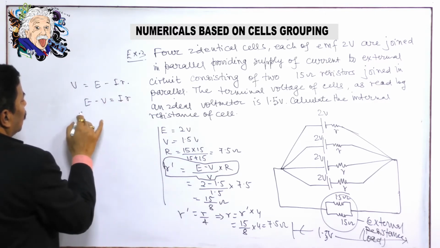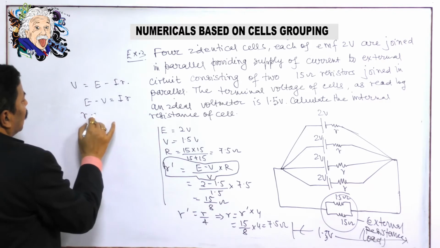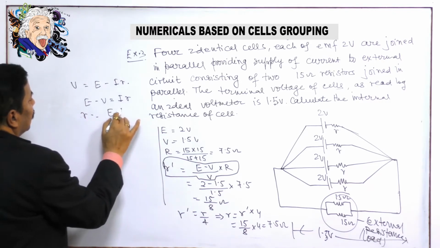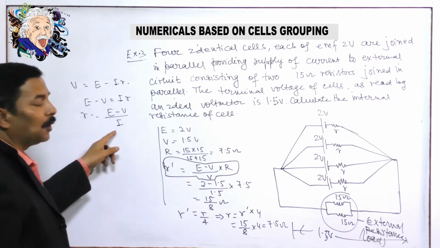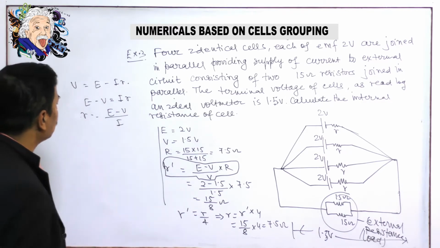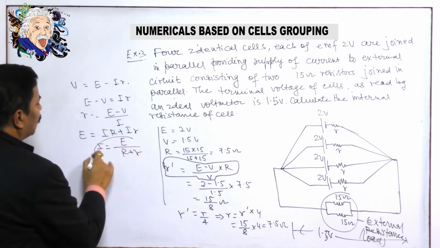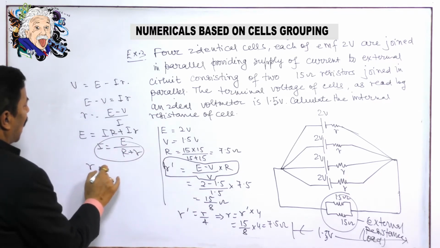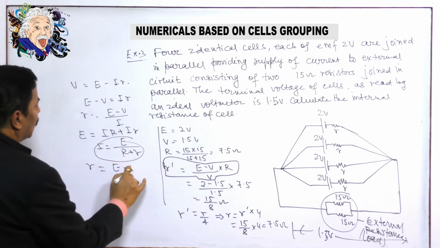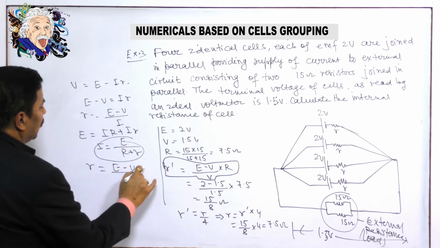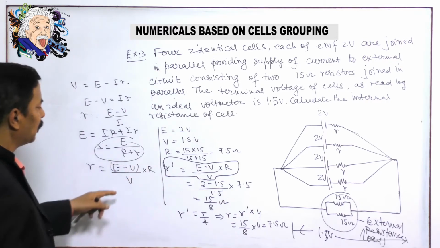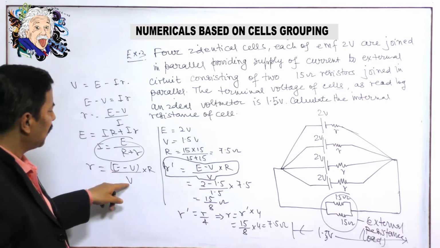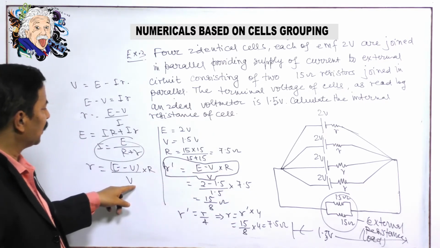So R is equal to E minus V by I. And what value of I have we calculated? No, this formula is not required. Here directly you can write I is equal to V by R. So this is the formula, E minus V by V into R, I am using here.